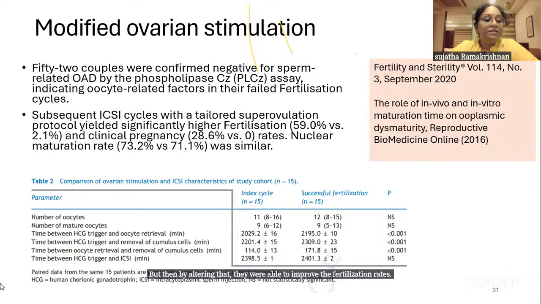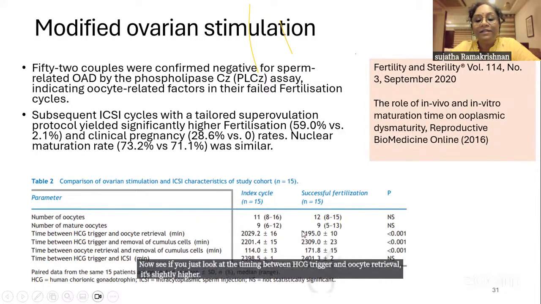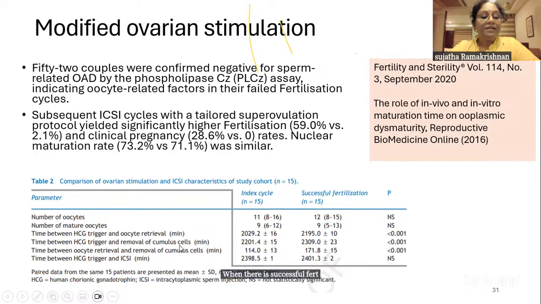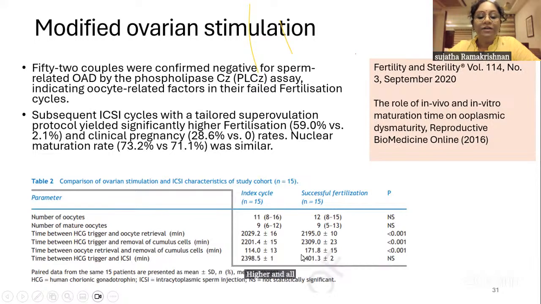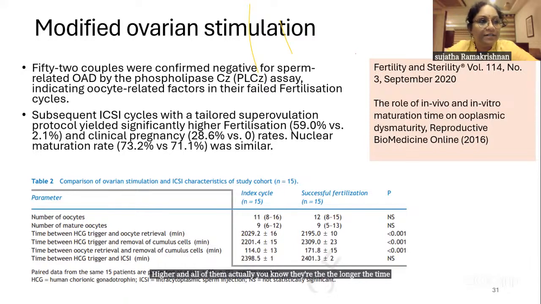Now see, if you look at the timing between HCG trigger and oocyte retrieval, it's slightly higher when there is successful fertilization. Similarly, the timing between HCG trigger and the denudation process is again higher. For all of them, the longer the time, the better the fertilization.